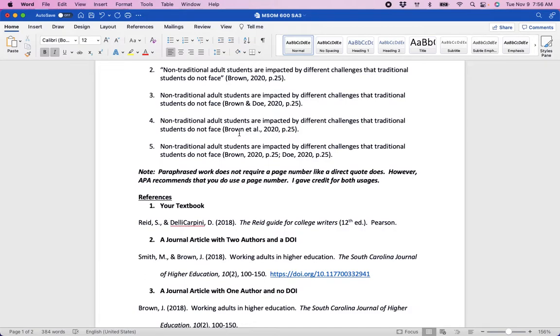Now it's 3 or more authors. If you have 3 or more authors, the citation is the first author's name, Brown, and then et al., period, comma. So anytime you have 3 or more authors, you have Brown, et al., period, comma, 2020, comma, P period 25, close parentheses, and then the period, okay?